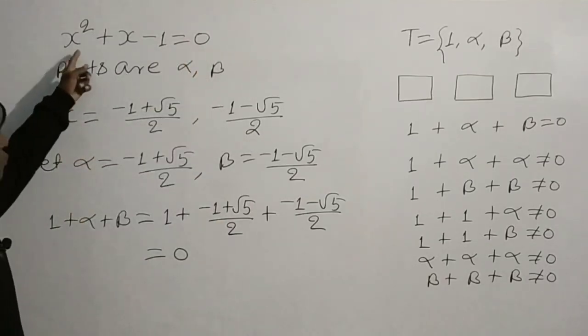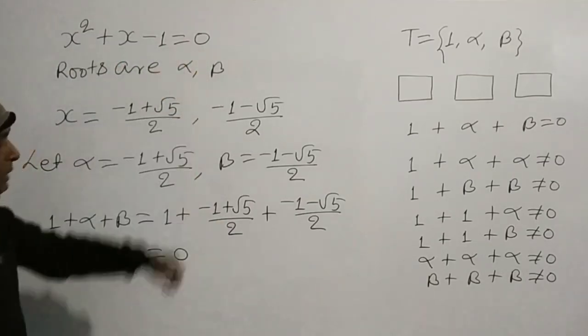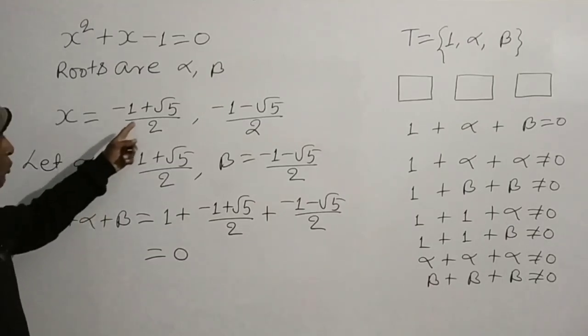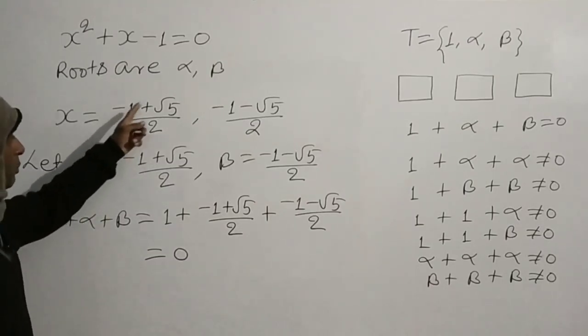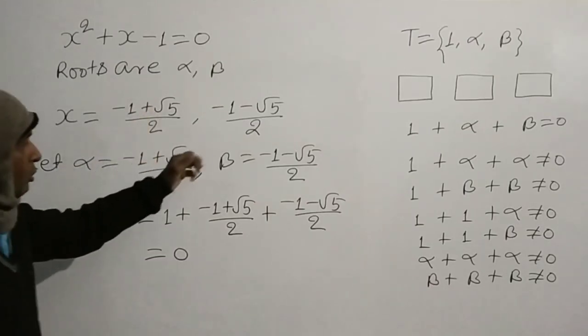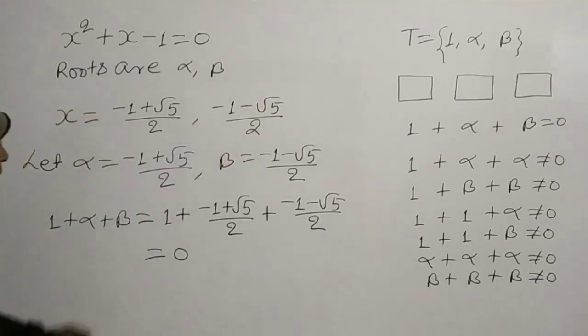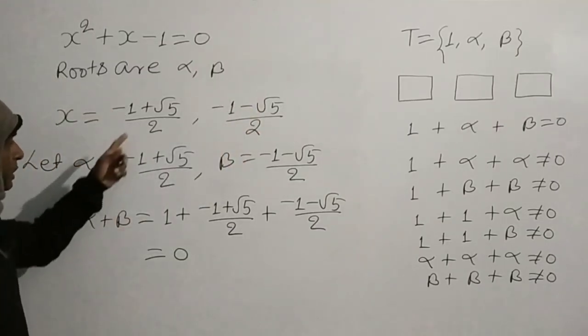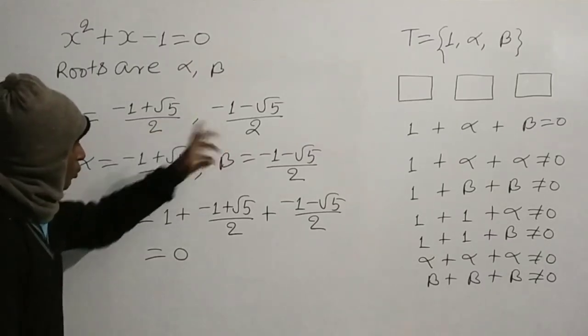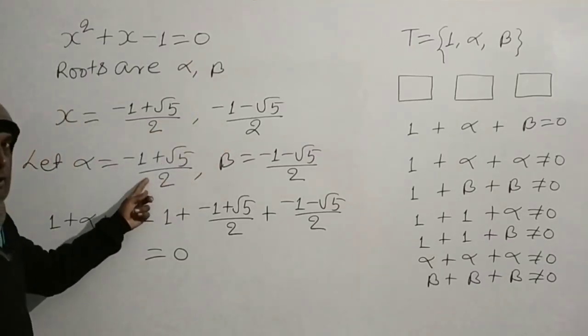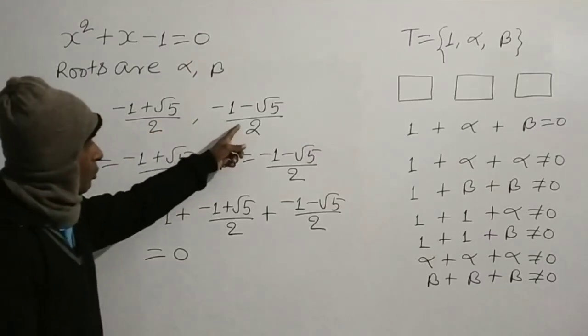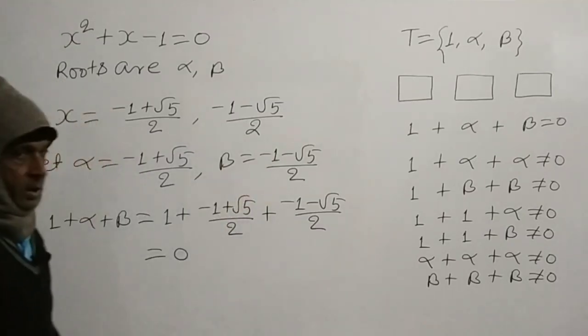When we solve this quadratic equation, we get two roots: (-1 + root 5)/2 and (-1 - root 5)/2. We suppose any one of these two roots as alpha and the other root as beta.